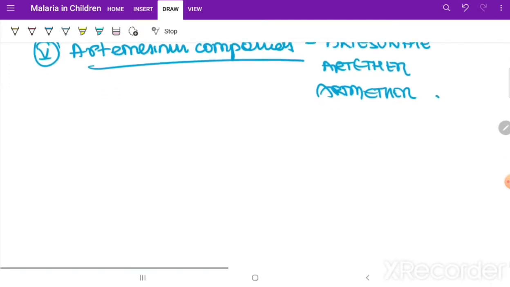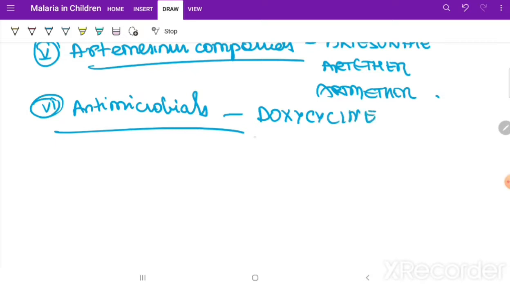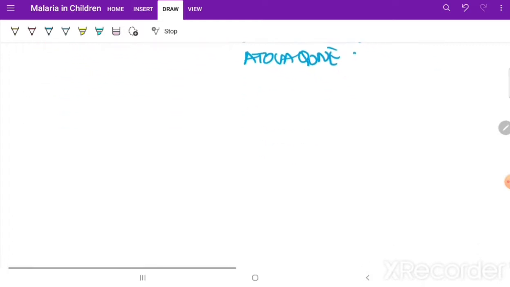Then coming last, we have antimicrobials. Some antimicrobials also have an anti-malarial action. Which ones? Doxycycline, clindamycin and atovaquone. Okay. This is about the drugs.